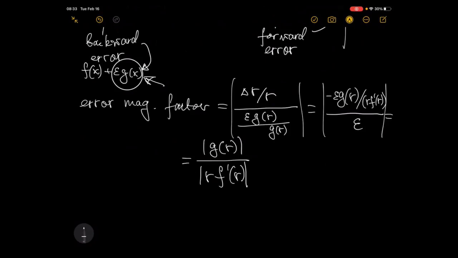If this error magnification factor is large, then we usually say that in such a case the problem is ill-posed.